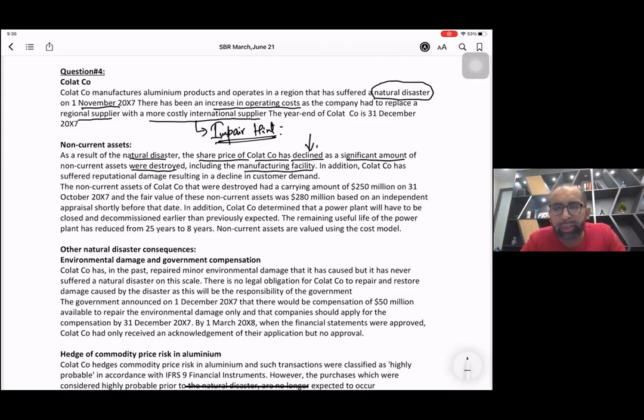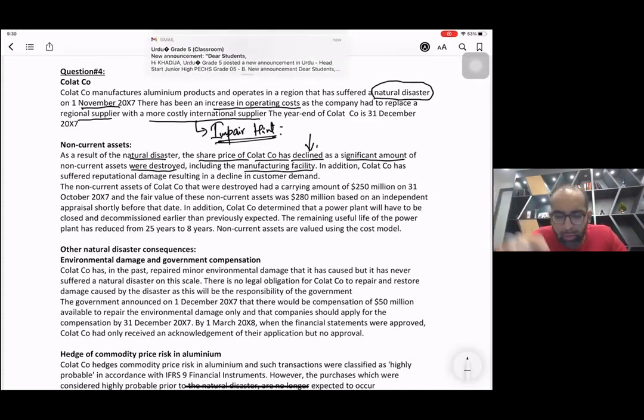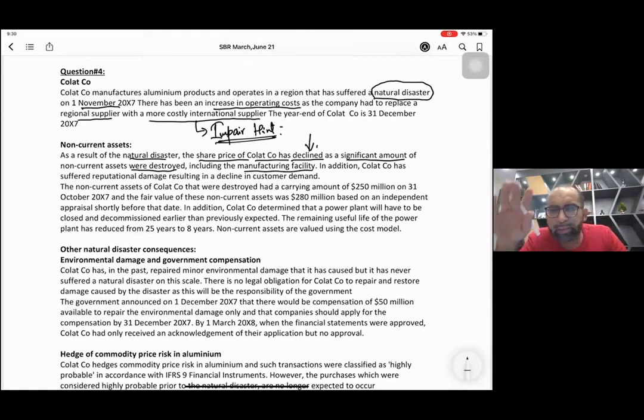So, you know, when your share price goes down, your market capitalization goes down. What is market capitalization? Number of shares multiplied by share price.